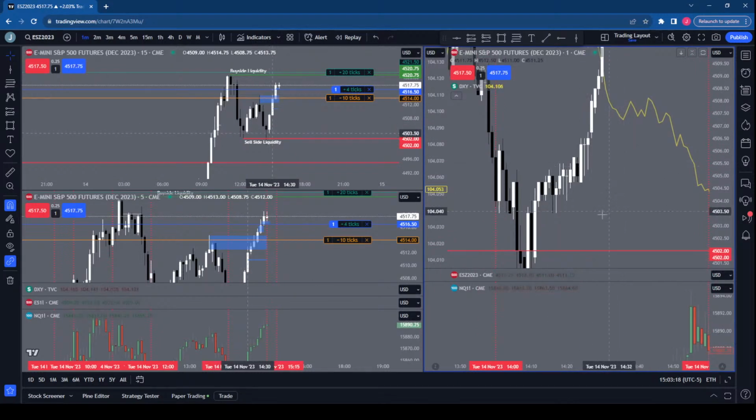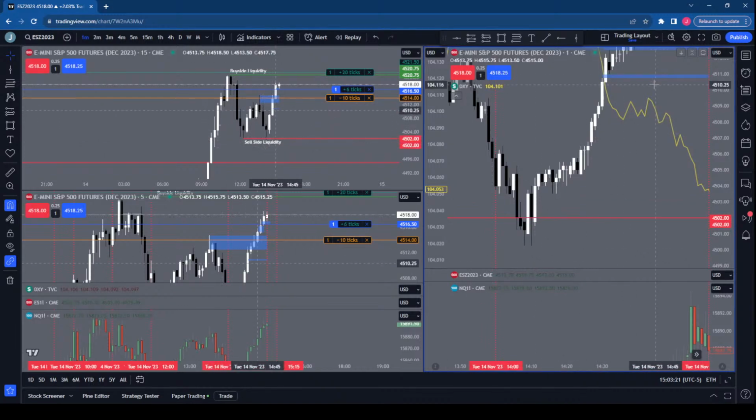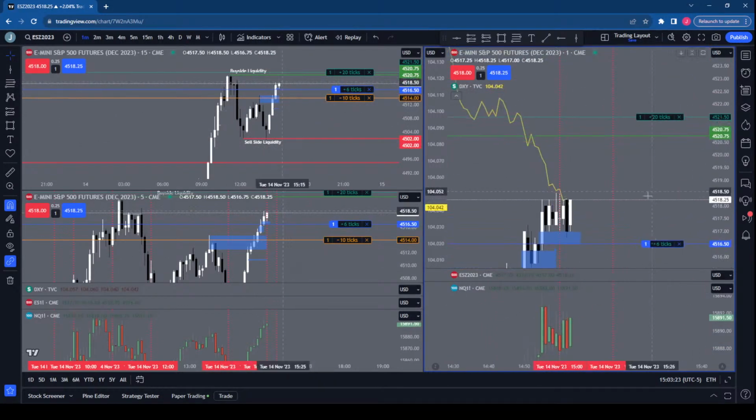Yeah, even ES never really had an entry from this swing low after that run up. NASDAQ kind of did.